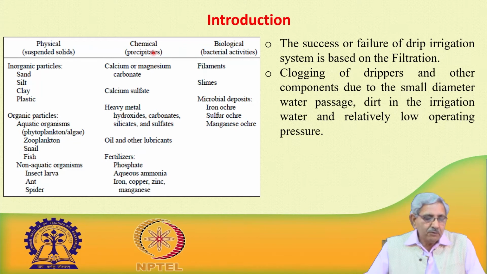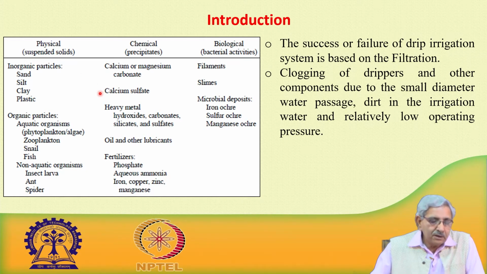So, there could be different types of elements which are available in water, and these could be physical components, that is, suspended solid particles. These could be due to chemical precipitates, biological material or bacterial activities.